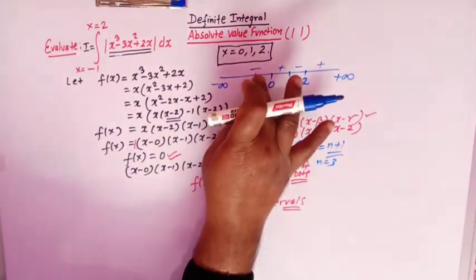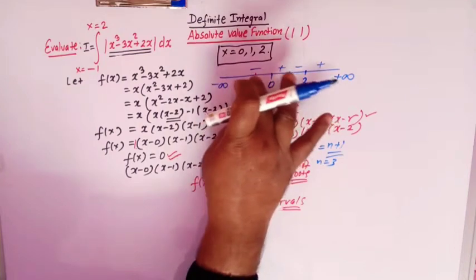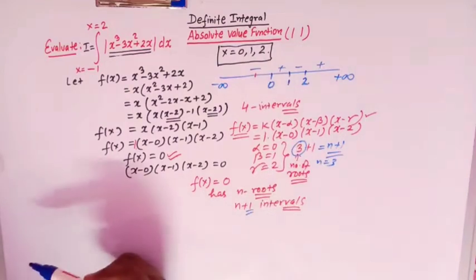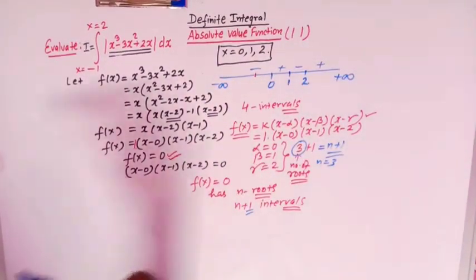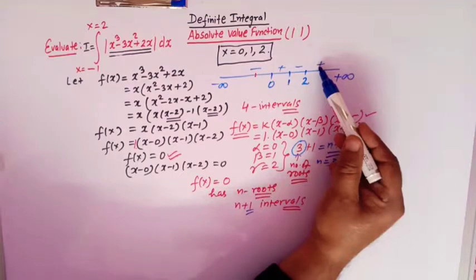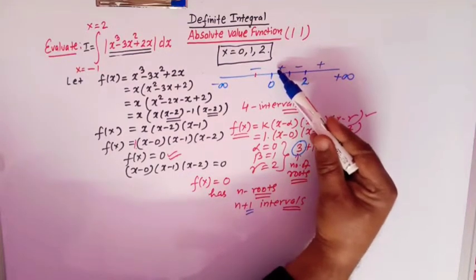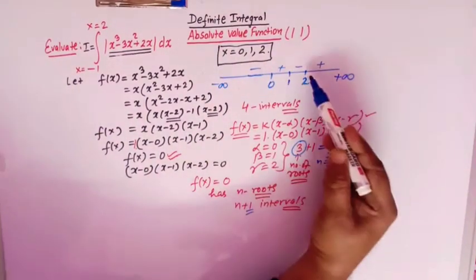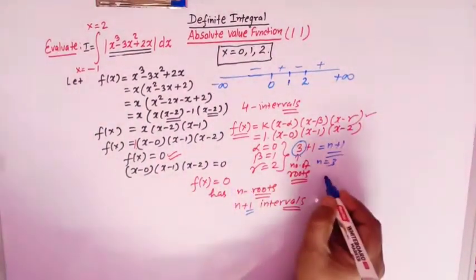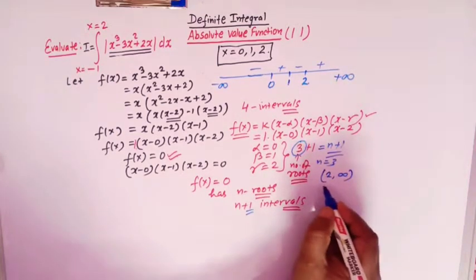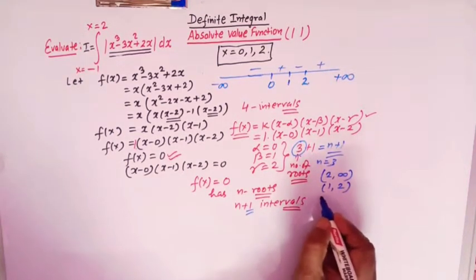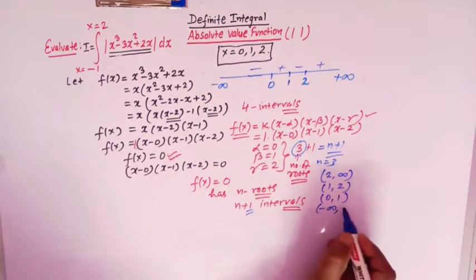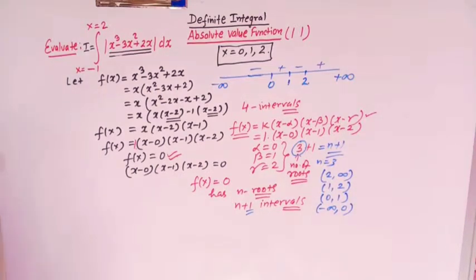After displaying the intervals into which the real number line is divided, with minus 1 marked here, we have positive, then negative, then positive, then negative. The 4 intervals are 2 to infinity, then 1 to 2, then 0 to 1, and then minus infinity to 0.